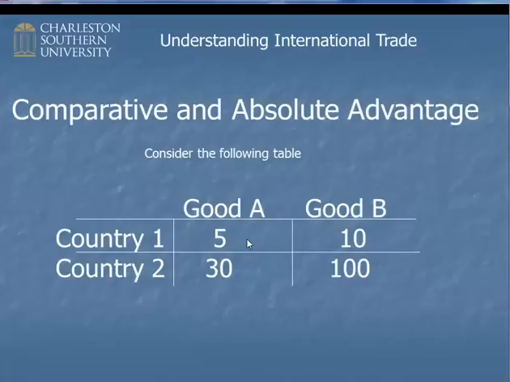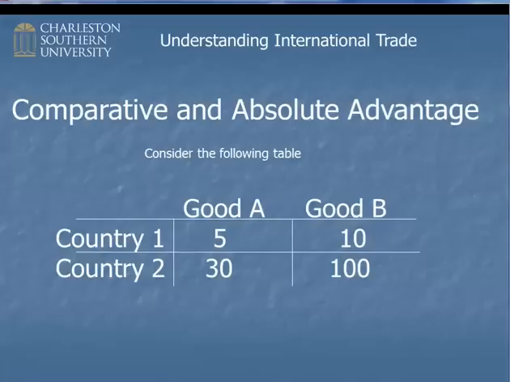Country 1 has a comparative advantage in good A because they can get good A by giving up only 2 units of good B. Country 2, on the other hand, if they wanted another unit of good A, would have to give up 3 units of good B. So country 1 has a comparative advantage in good A, and country 2 has a comparative advantage in good B. Now, you should stop this video and see if you can figure that out.